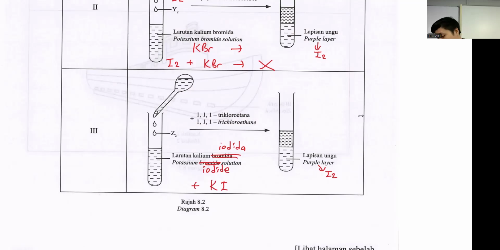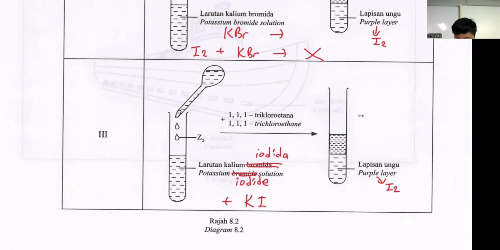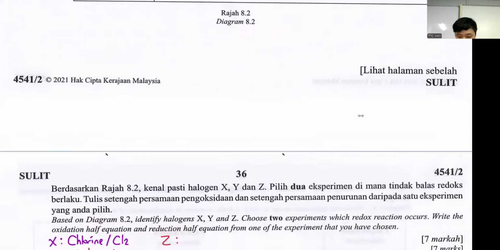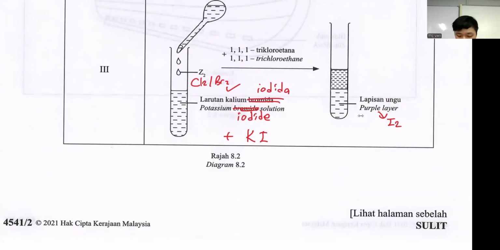Here they highlight bromine. Since I already chose chlorine for the first one, I choose bromine for Z2, so it's Br2 for Z2.